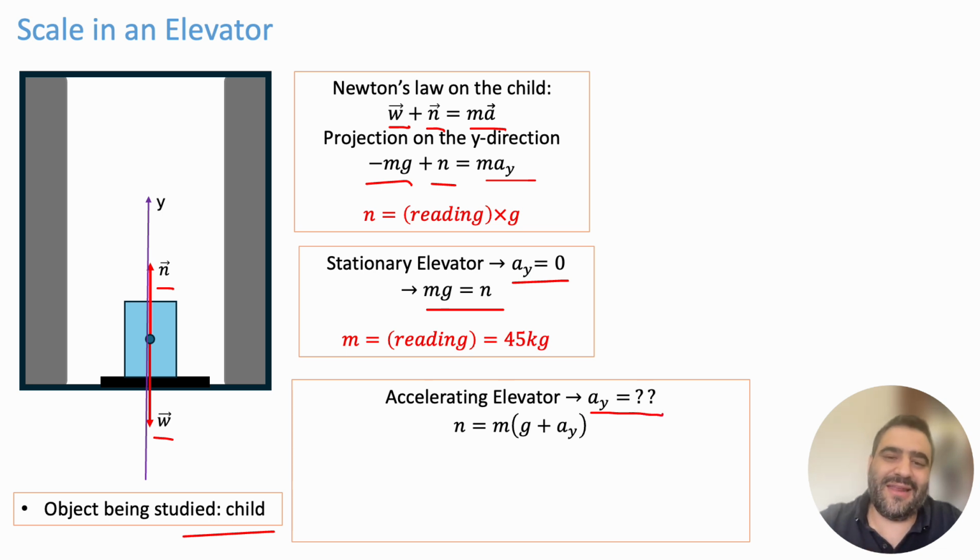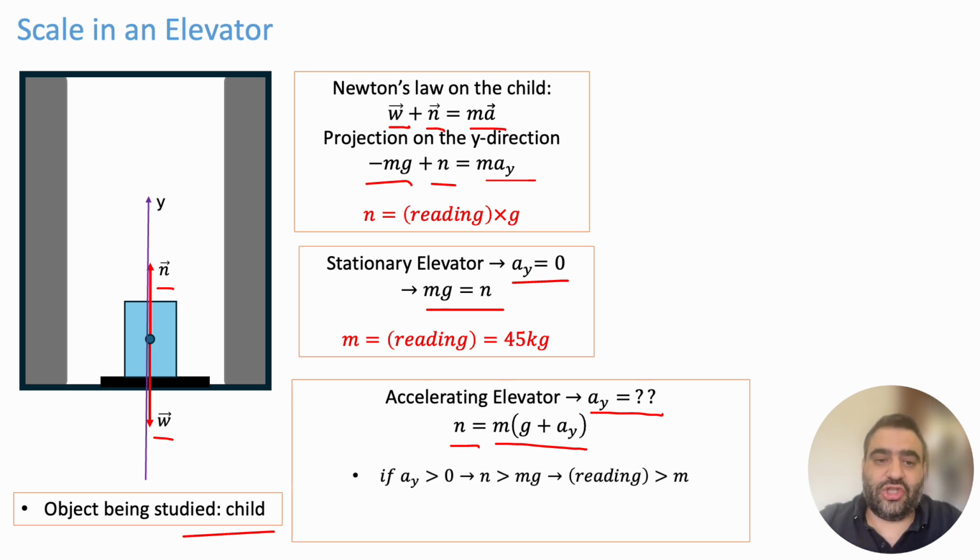But before we write the equation for the acceleration, let's actually analyze the situation a little bit. If we write n in terms of m and the acceleration, n is equal to m into g plus a_y. So it's not anymore mg, it's m into g plus the acceleration a_y. So what does that mean?